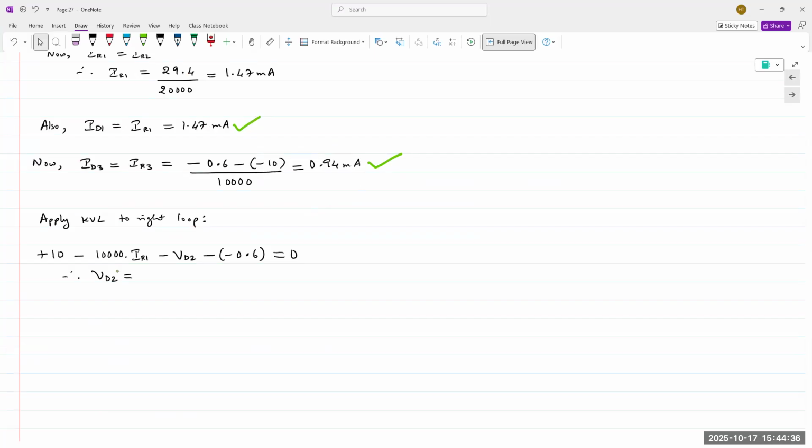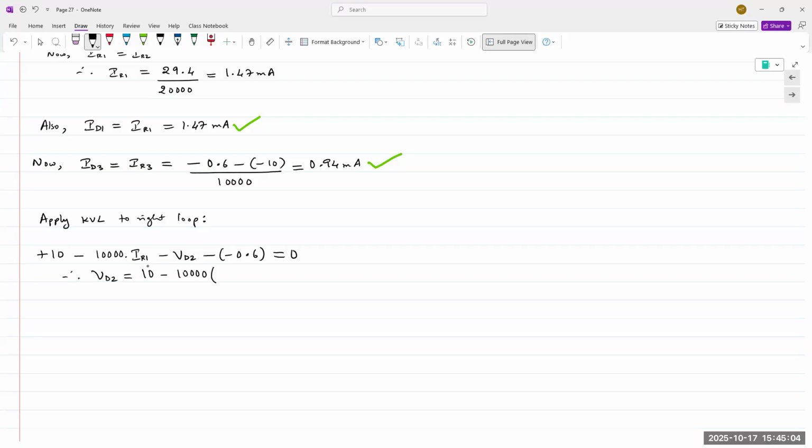So now VD2 is 10 minus 10,000. And what do we have? IR1 is, excuse me, 1.47 milliamps.